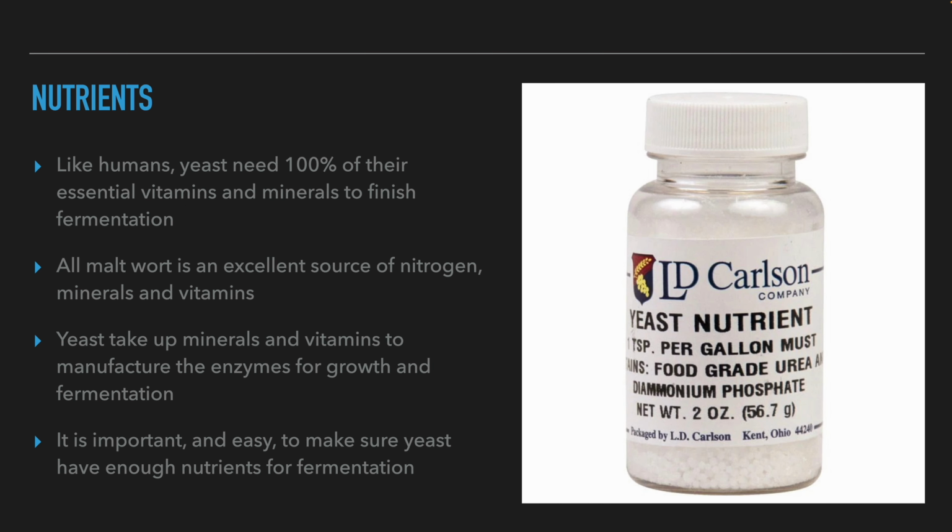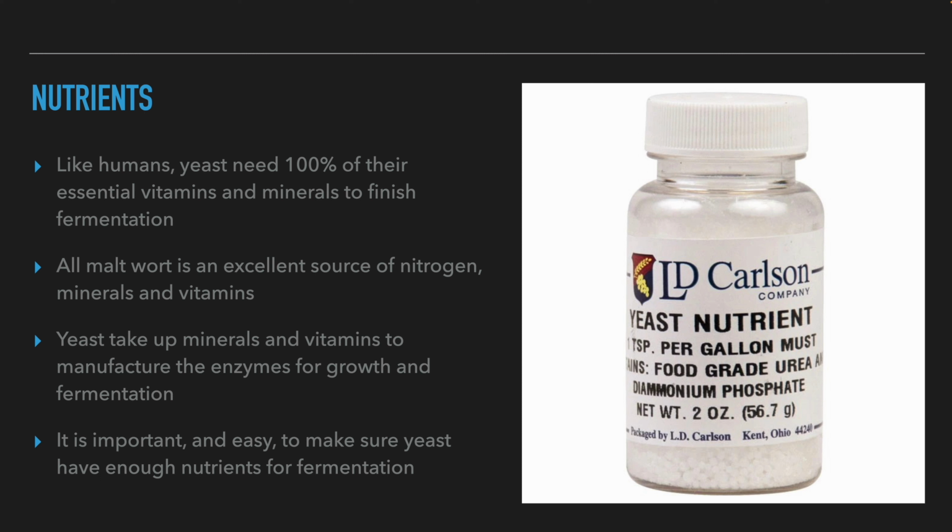Next, we need to discuss yeast nutrients. When we talk about nutrients, we talk about vitamins and minerals that are needed by the yeast to grow, metabolize sugars, and finish the fermentation well. In most cases, a wort that is made entirely from grains, that is, without sugar additions, will contain enough nitrogen, minerals, and vitamins for a healthy fermentation.